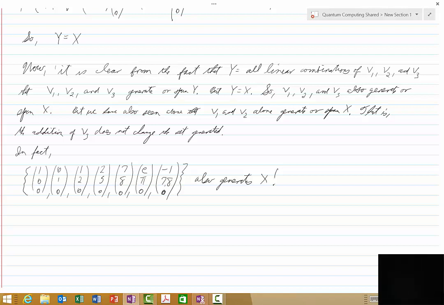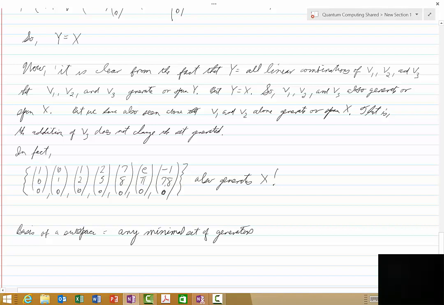So we come up now with the following idea: a basis of a subspace equals any minimal set of generators of the subspace.